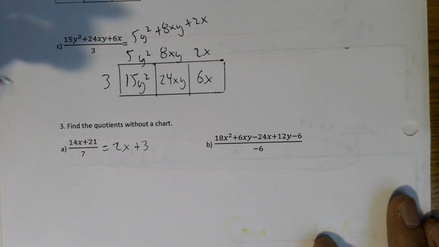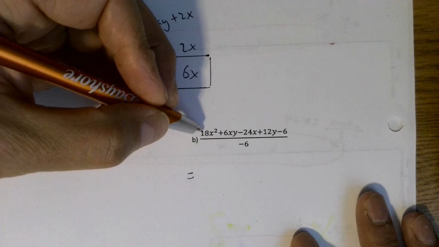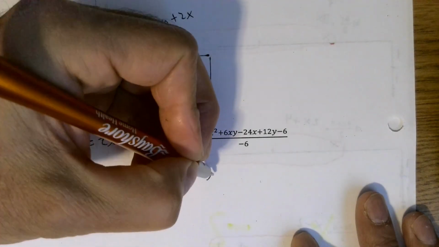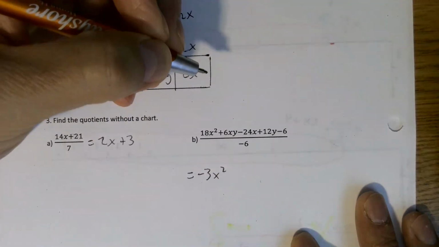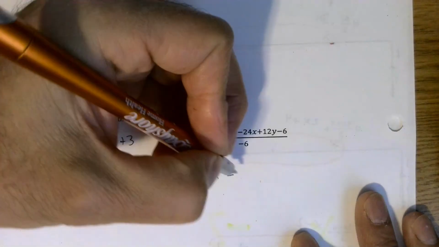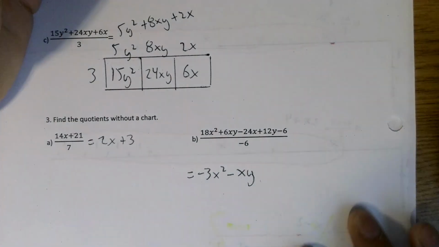Okay, and b equals the line above. 18x squared divided by negative 6 is going to be negative 3x squared. 6xy divided by negative 6 is going to be negative xy. You guys can also write negative 1xy there if you like.